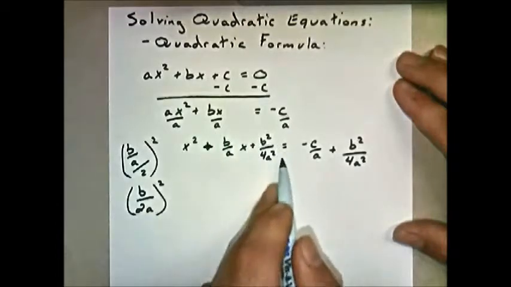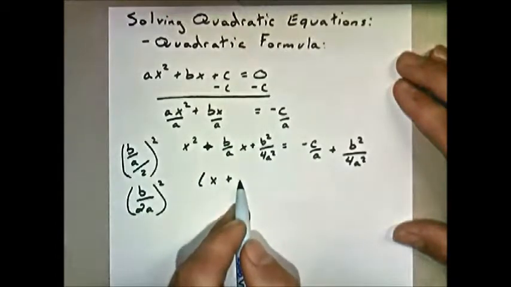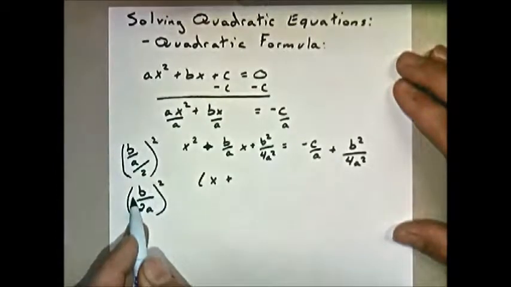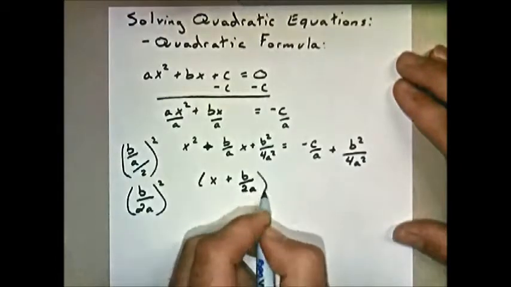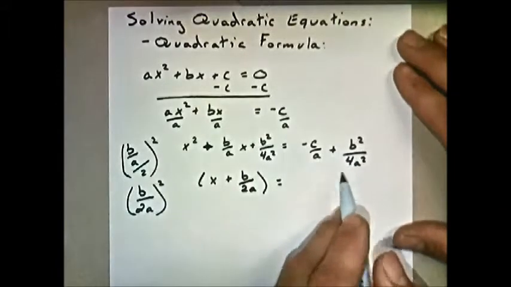I can go ahead and factor this, as we have in the past. My term that's going to factor into is going to be in this quantity. So it's b over 2a. It becomes a little more tricky over here.